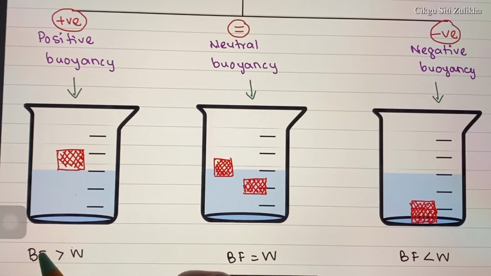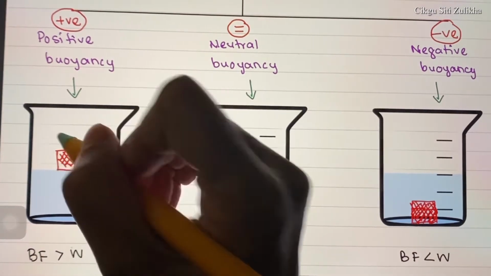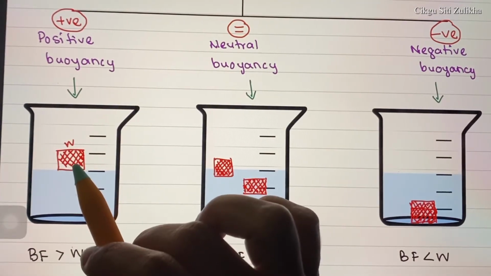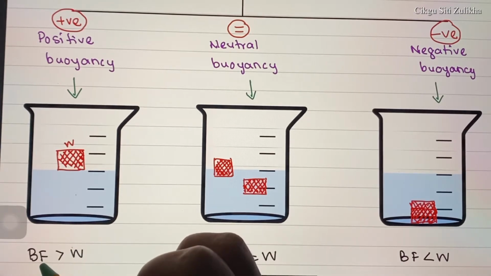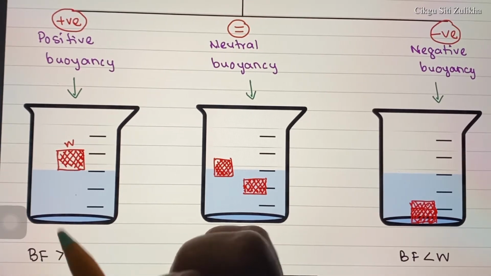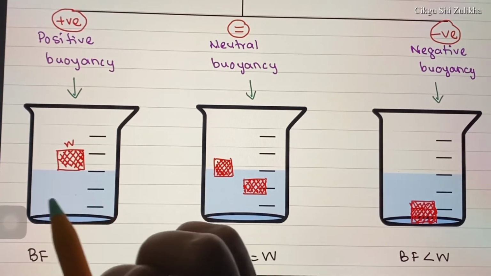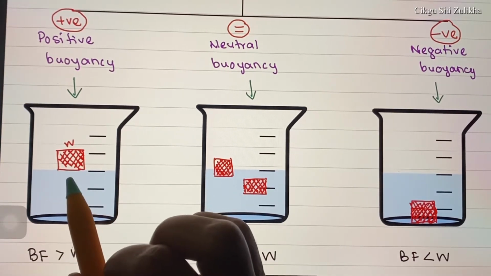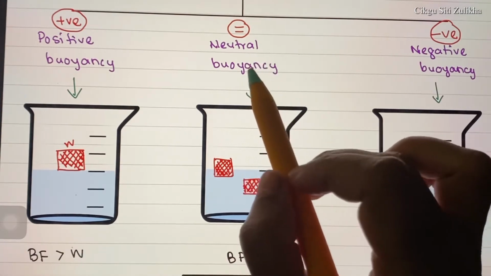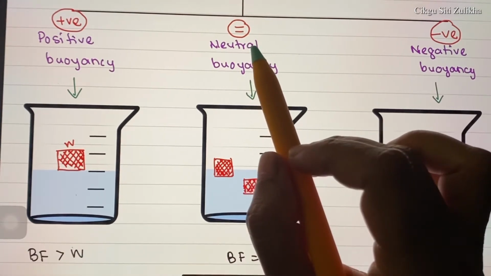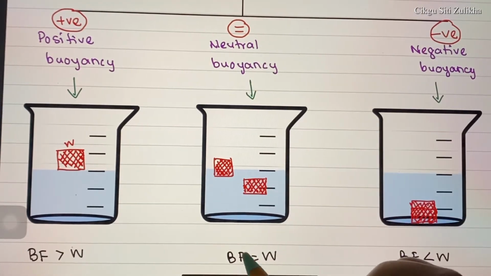So, bila kita letak objek, this is your weight. Bila kita letak objek, alright, since buoyant force is more than the weight, what happen? Your object akan float on the water. Nampak? Dia float di atas. Tapi if your buoyancy is neutral, means your buoyant force is equal to the weight.